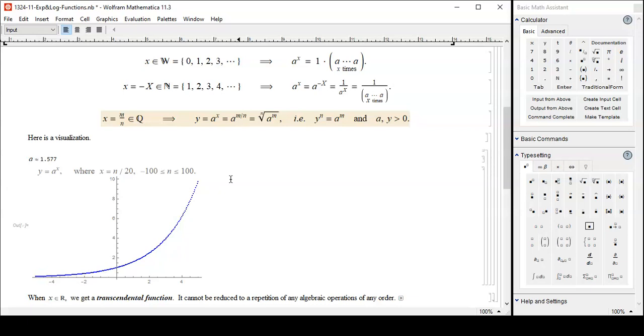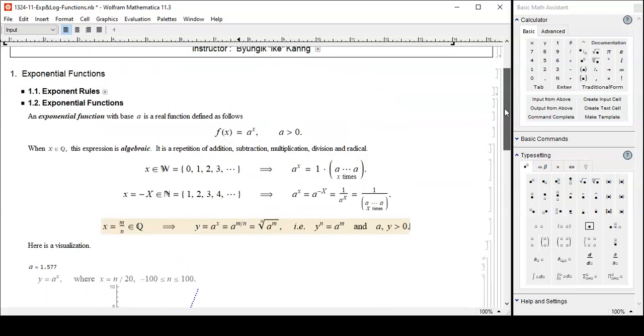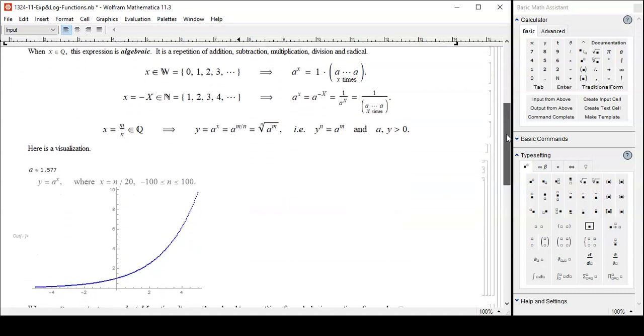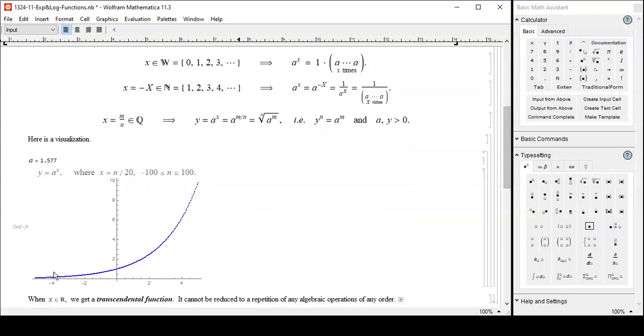Now, if I increase the number of dots, I'm going to get more filling, and eventually if I complete them by joining everything together as a smooth, continuous curve, then I'm going to get the exponential function a to the x power. That process, joining all those together into a continuous curve, is called completion.